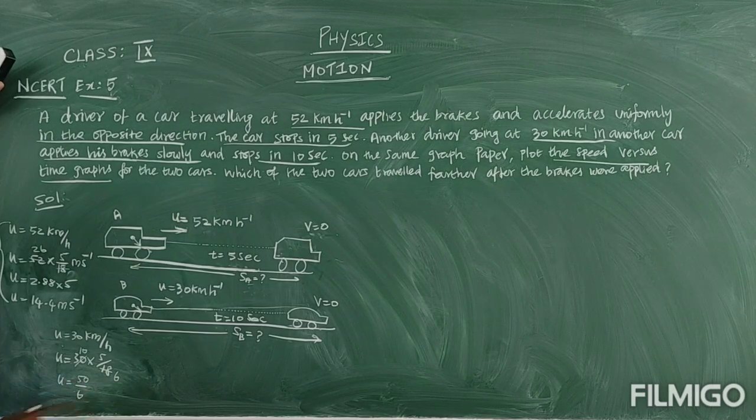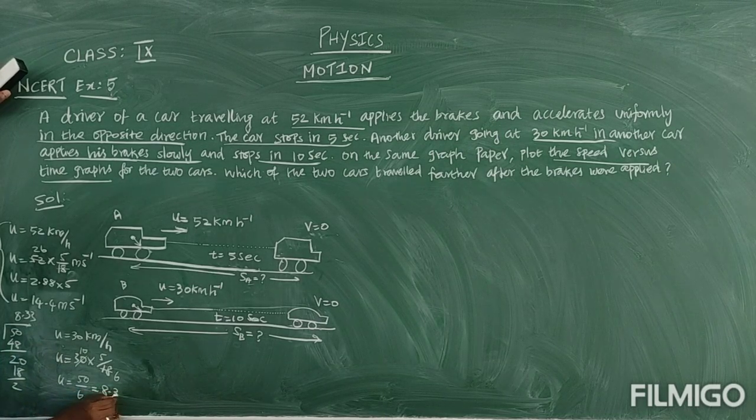So 50 by 6. 8 times 6 is 48, divided by 2, point, add 0, then 3 times, 80, the remaining. So 8.33 is going. After the decimal, 1 point, so here also I will take 1 point after the decimal. So 8.3 meter per second.